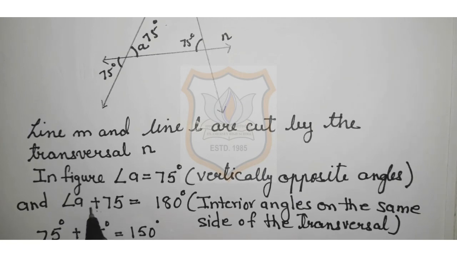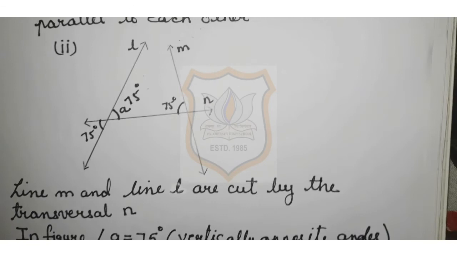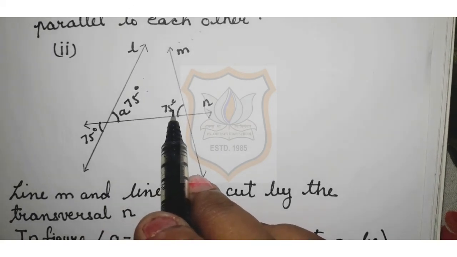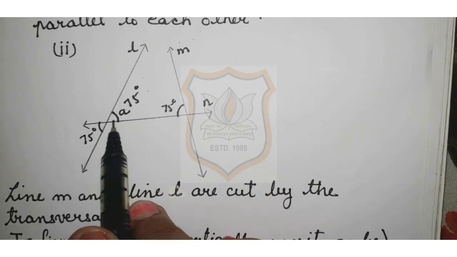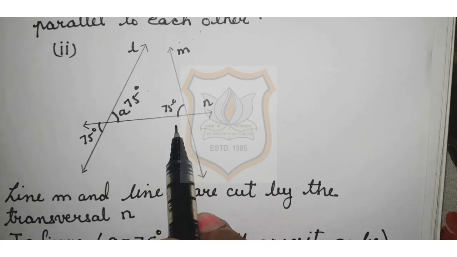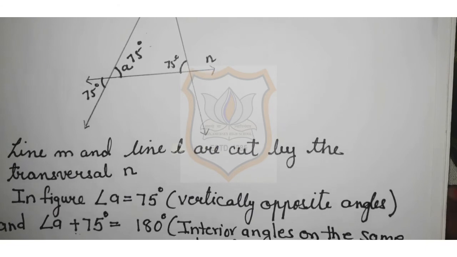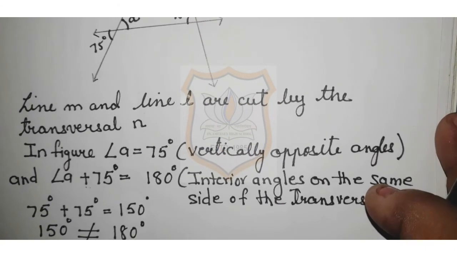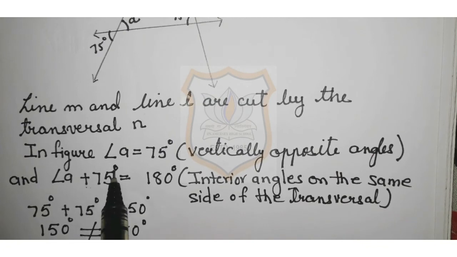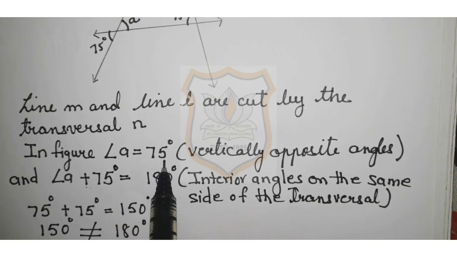And angle A plus 75 degrees is equal to 180 degrees. Why? Because they are interior angles on the same side of the transversal. So, in place of A, I have put 75 degrees, because I have just calculated that the value of A is equal to 75 degrees.